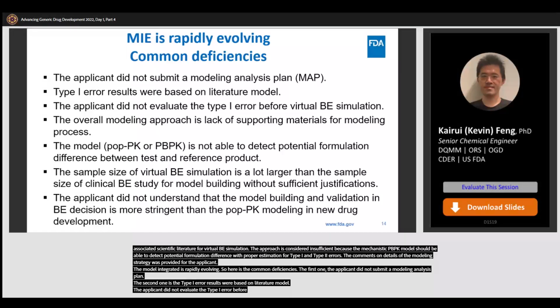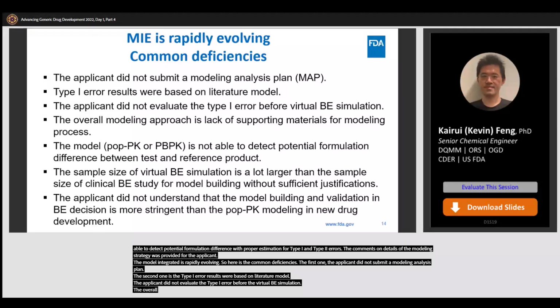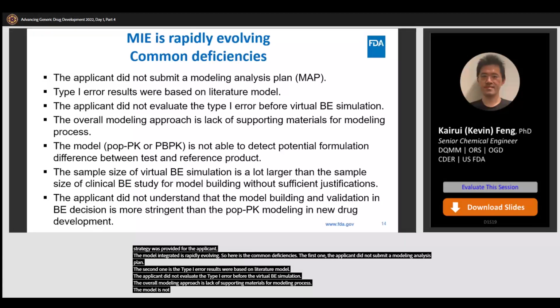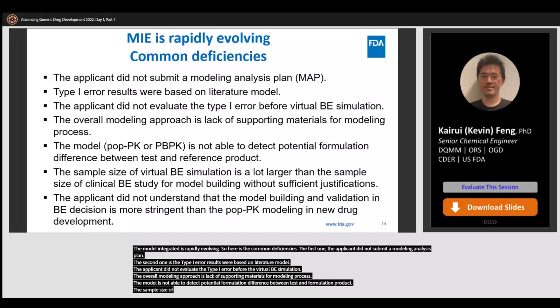The overall modeling approach lacks supporting materials for the modeling process. The model is not able to detect potential formulation difference between test and reference product. The sample size of the virtual BE simulation is a lot larger than the sample size of the clinical BE study for model building, without sufficient justifications.